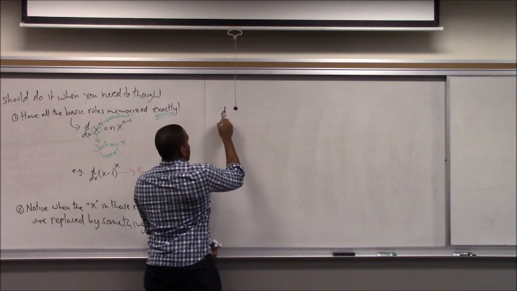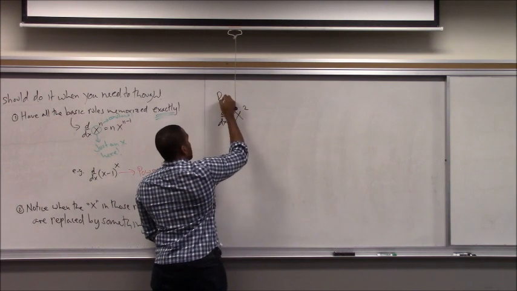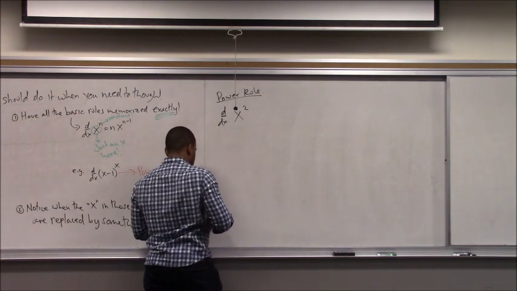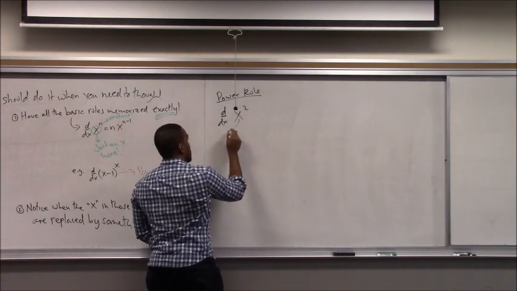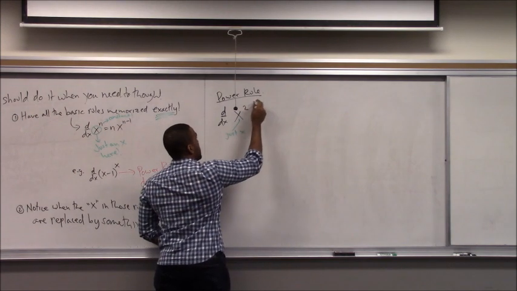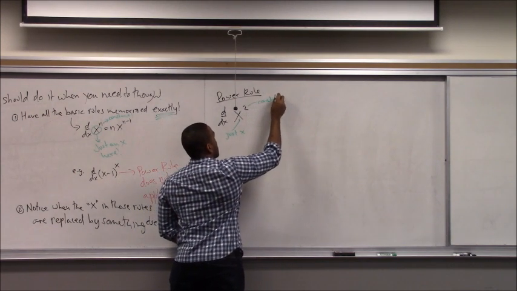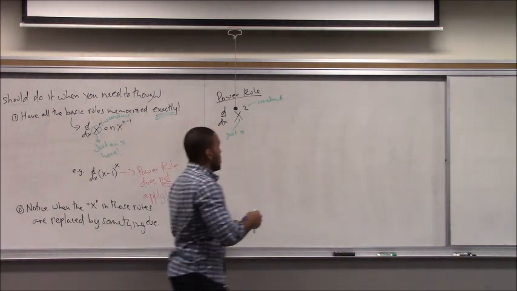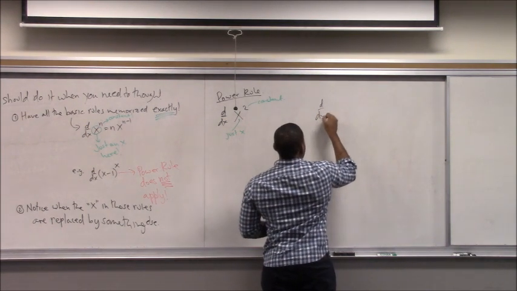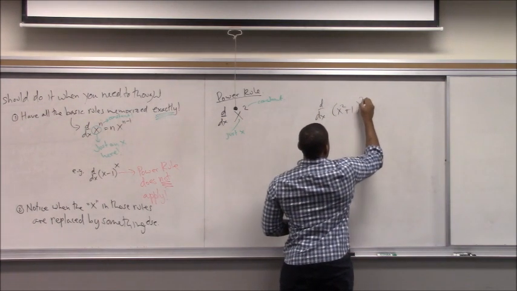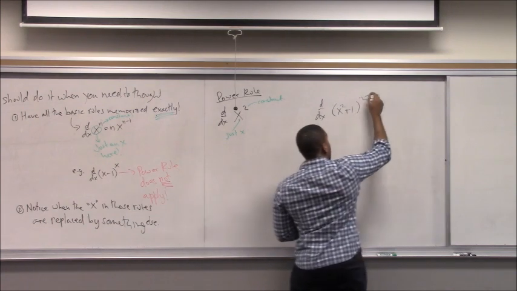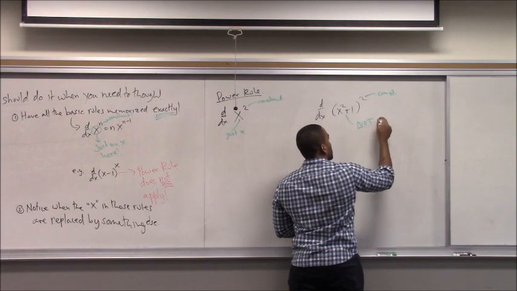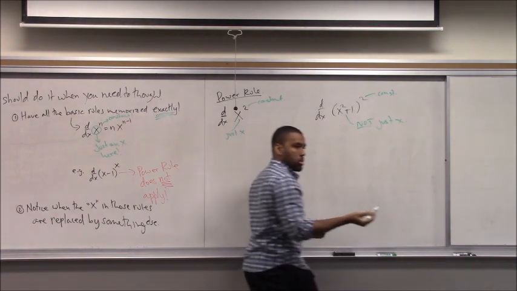So if we want to find the derivative of x squared, that's no problem. That's the power rule. Right? Because here I have just x. Here I have a constant. So I'll just apply the power rule, because it looks exactly like the rule. However, if you have something like this, yes, the power is a constant, but it's not just an x now. Right?